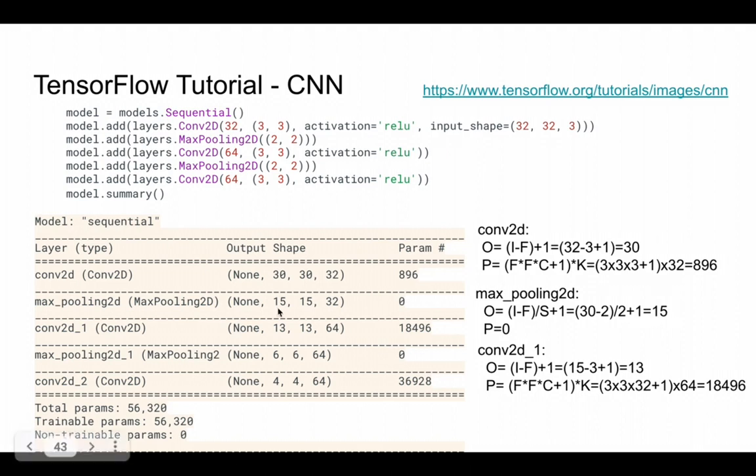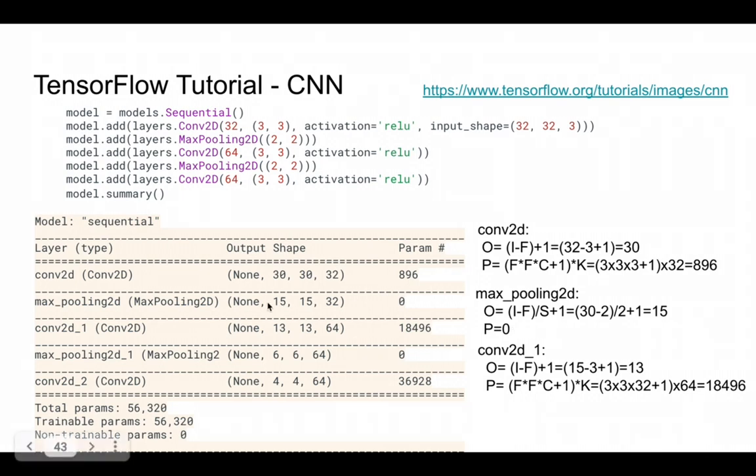This is the output of the first max pooling layer, 15 by 15 by 32. So the tunable parameter count for the max pooling layer is 0. By construction, there are no tunable parameters for pooling.